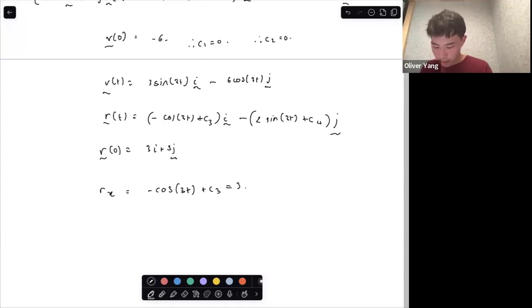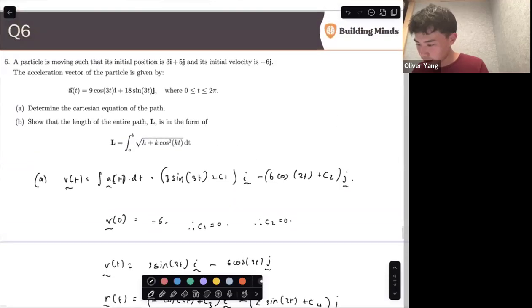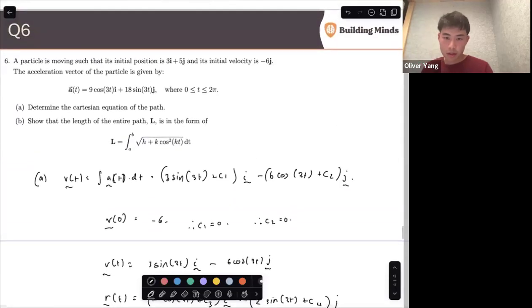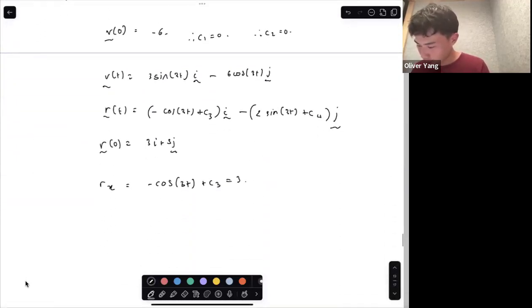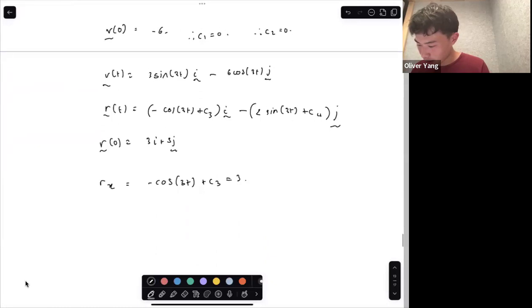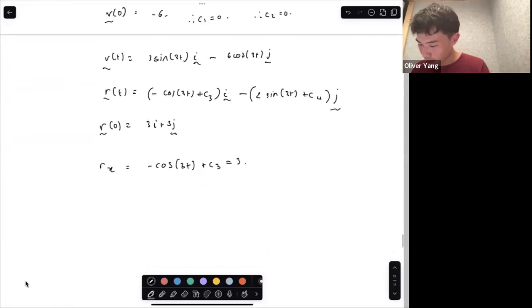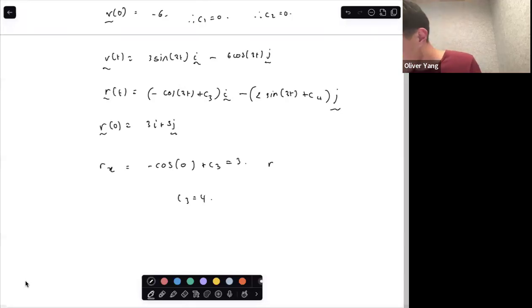So what should C3 be? Well, if we sub in 0, C3 would equal 4, right? Yep. And then r y equals negative 2.